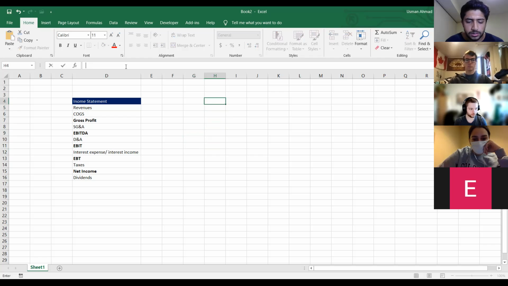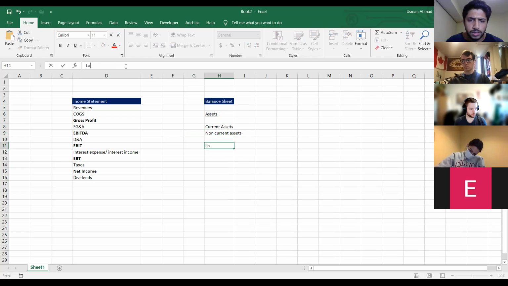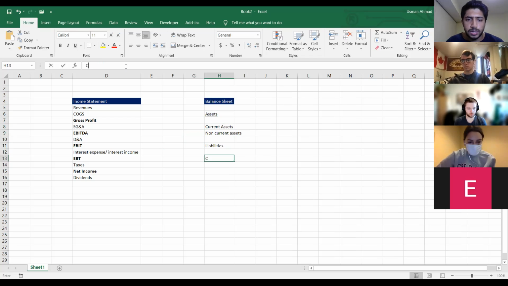So the balance sheet. Assets. We have current assets. And then we have liabilities. If you don't understand some particular account, just text me on Zoom and I'll be happy to explain it.